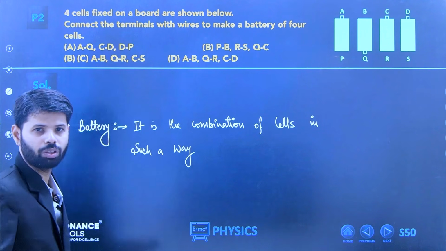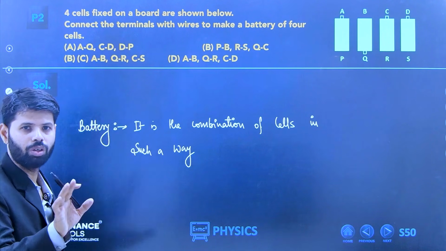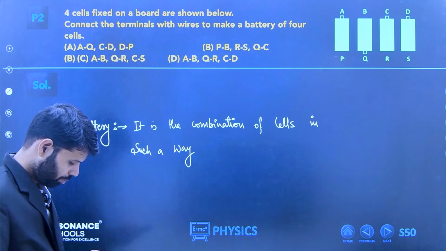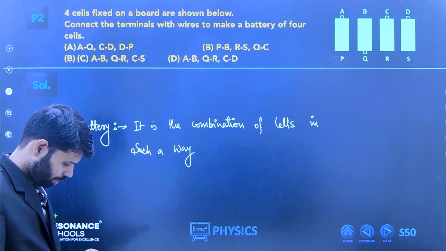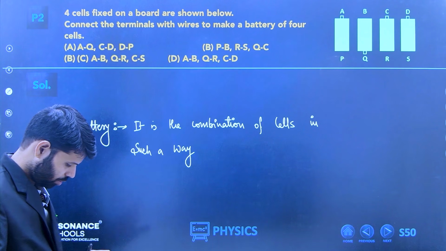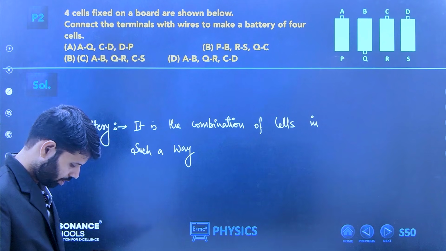Should I write more? Is the font size okay, can you see? No need, sir, we can see. Okay, fine.